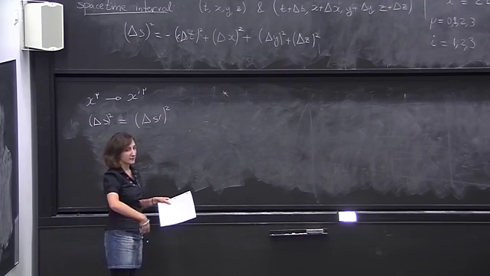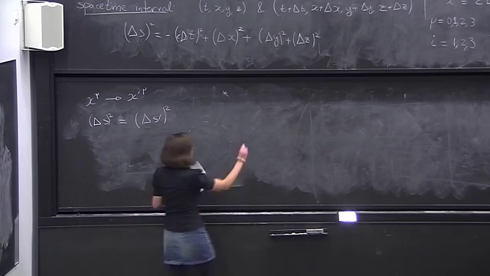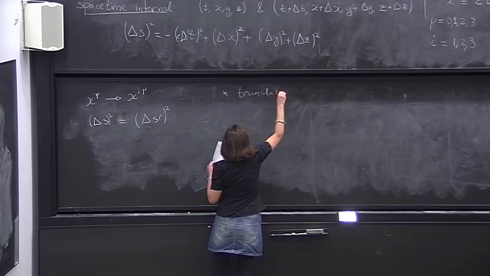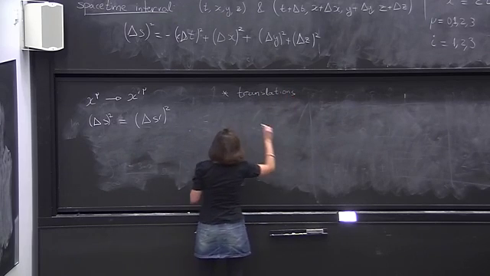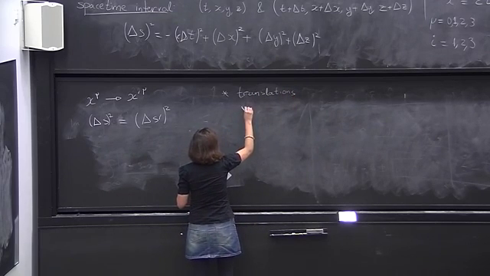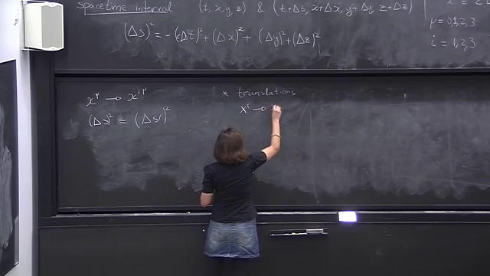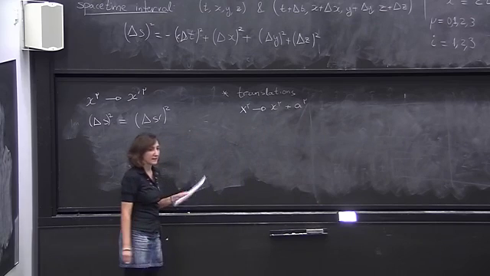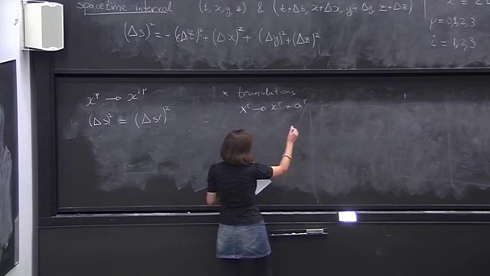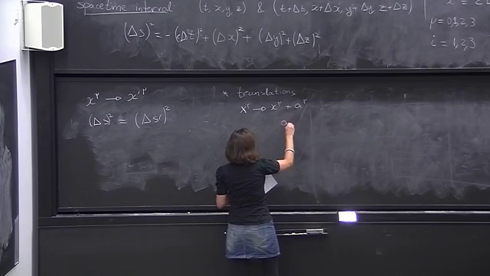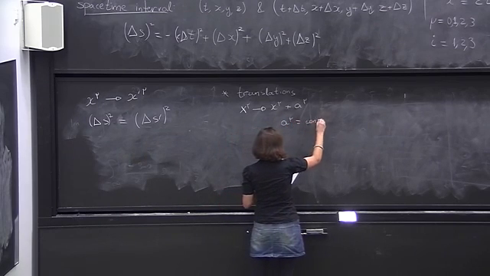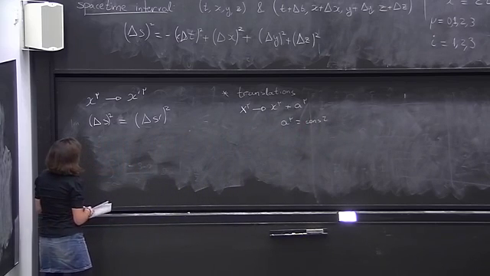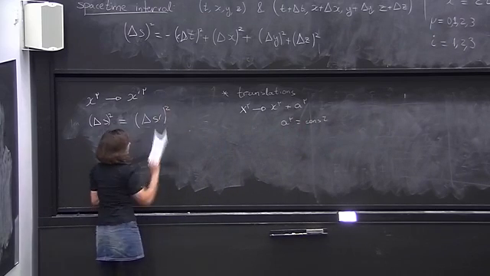One set of possible transformations is simple translations. If we change from x mu to x mu plus a mu, where a mu is just a constant vector, then it is easy to check that this thing remains invariant.